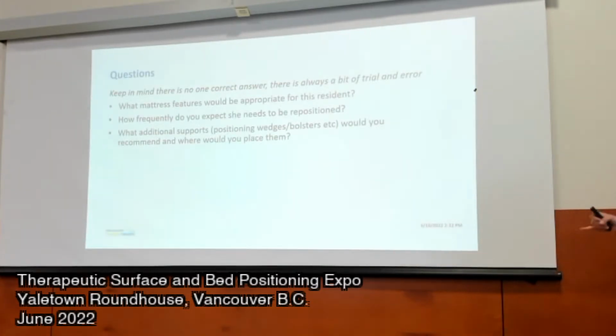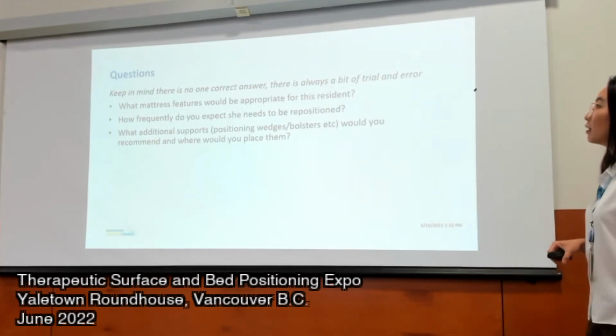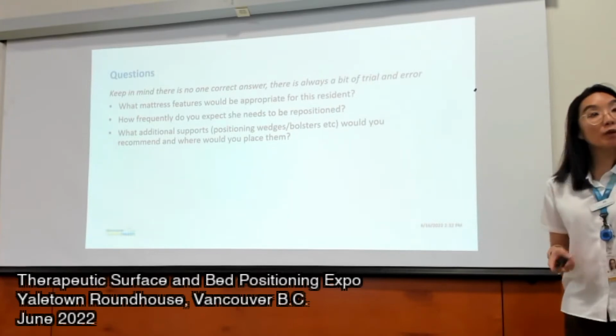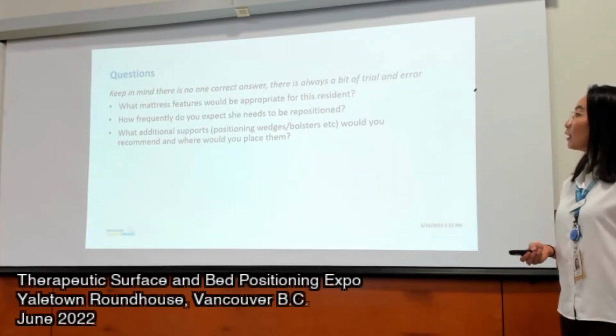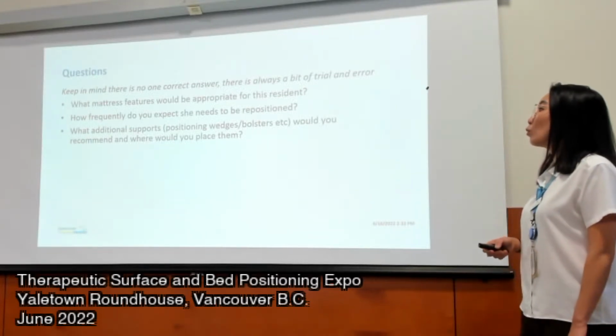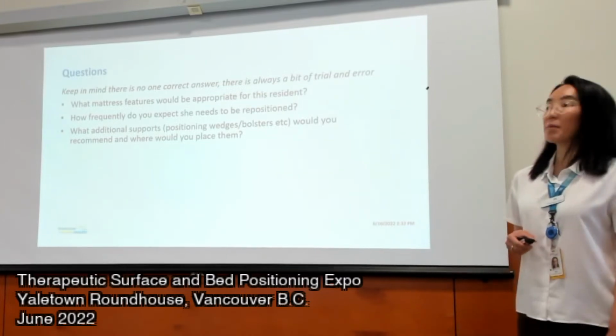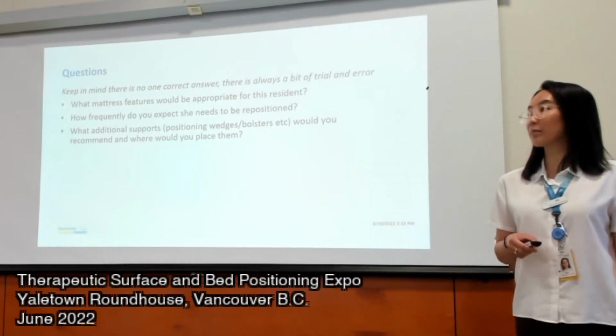The questions we'd like you to consider as you're exploring all the products are: what mattress features might be appropriate for this resident? How frequently do you expect she needs to be repositioned? And what additional supports, such as wedges or bolsters, would you recommend, and where would you place them?